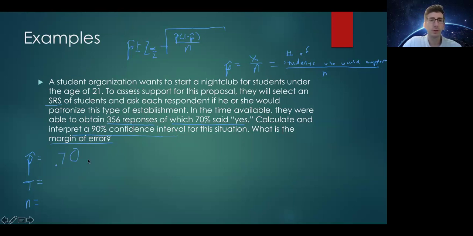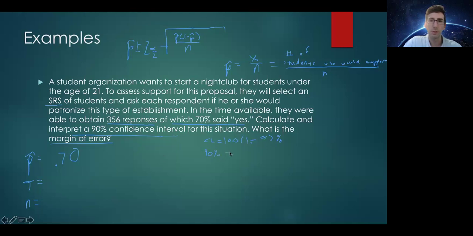Alpha, we're also not told directly, but we are given that the confidence level is 90%. So if our confidence level equals 100 times 1 minus alpha percent. We know our confidence level is 90%.